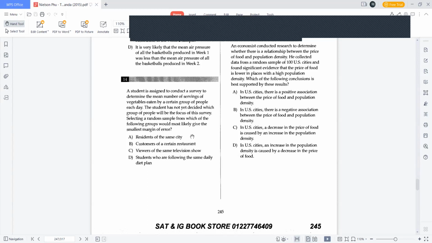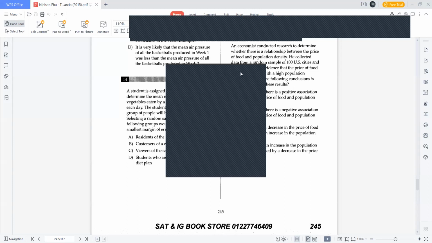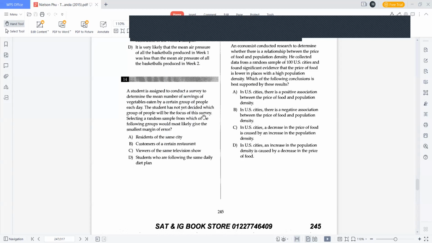Okay, what do you understand by margin of error? Margin of error is... Someone in the chat said B. Okay. The measure of the probability of mistake.